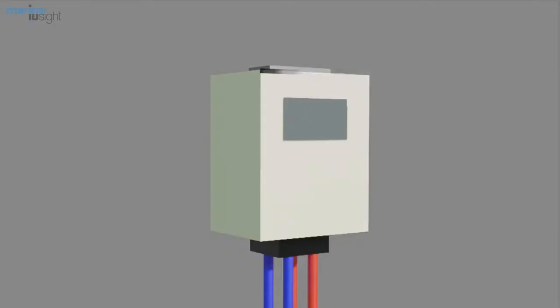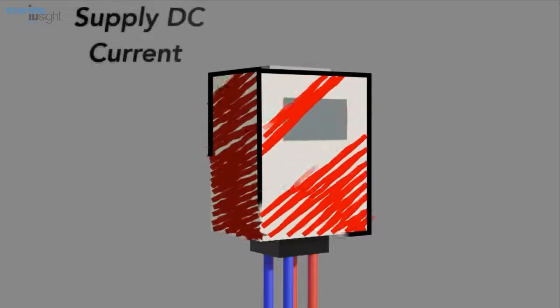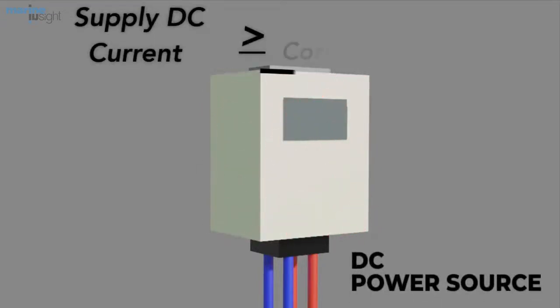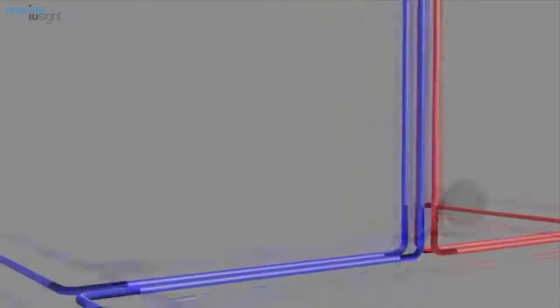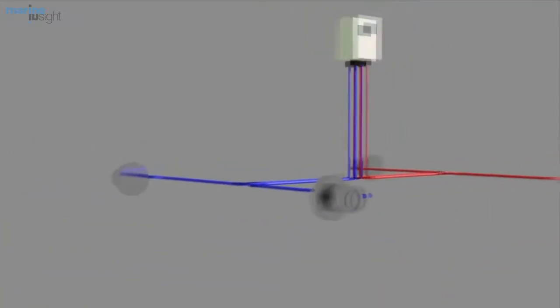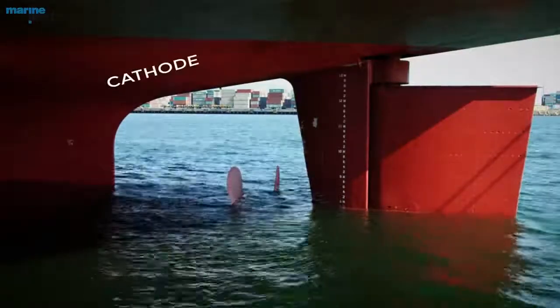We need to measure this corrosion current in the hull so that we supply a DC current which is either equal to or slightly greater than the natural corrosion current and is in the opposite direction, through the impressed current anode. This in turn supplies a protecting current to the hull of the ship, making the hull a cathode protected from corrosion.